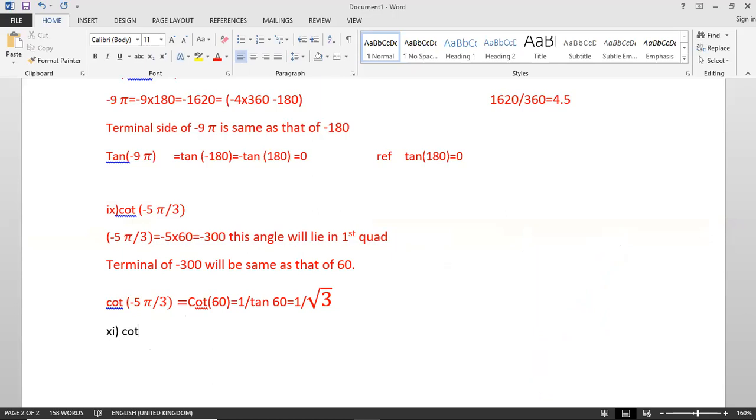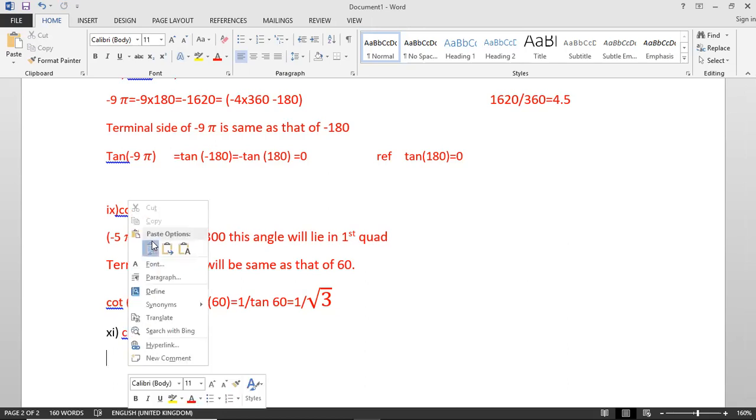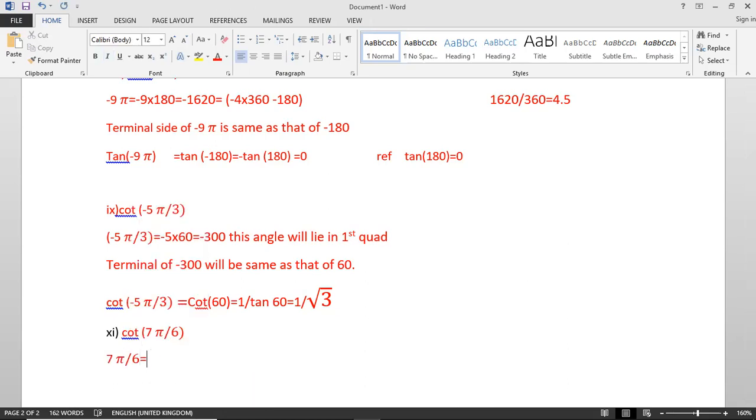Cot 7 pi by 6. First we will see where this angle actually lies. The first task is to convert this value into degrees so that we can understand where it is falling.